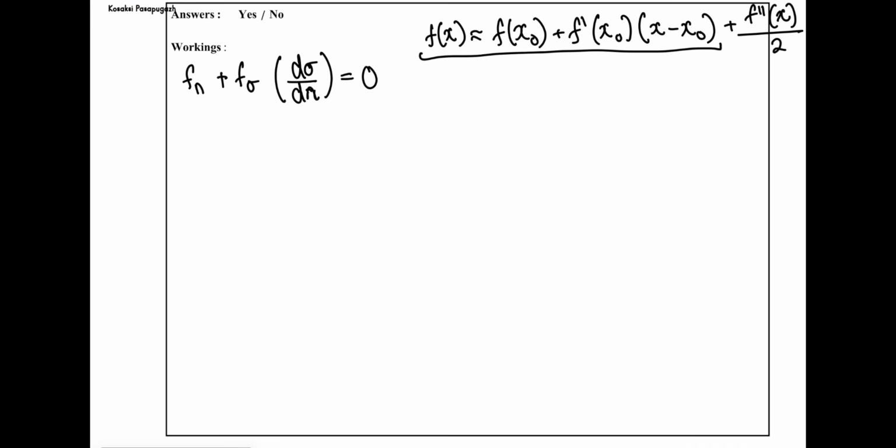So to work out the second derivative, we will need to differentiate this. So we differentiate the partial derivative twice with respect to eta, but this is also a function which has sigma in it.